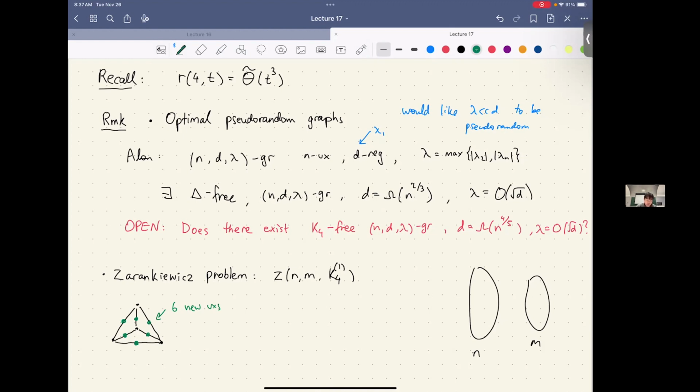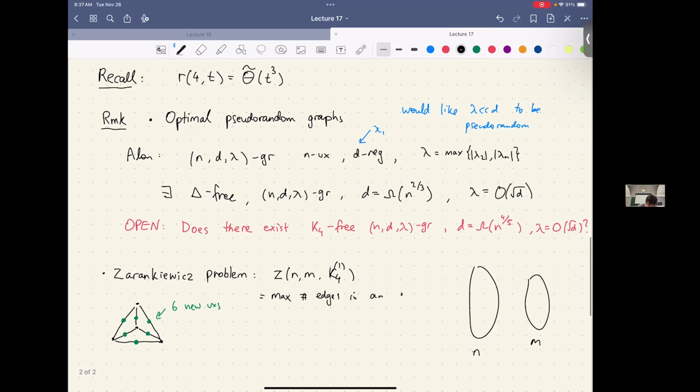Now what we're forbidding is this: the number is the maximum number of edges in an n by m vertex bipartite graph G. What we're forbidding is this one subdivision of K4 with four vertices in the part of n.